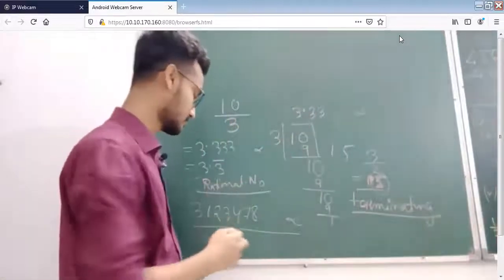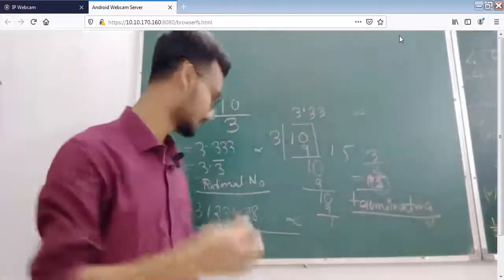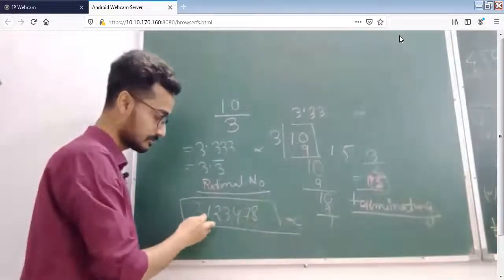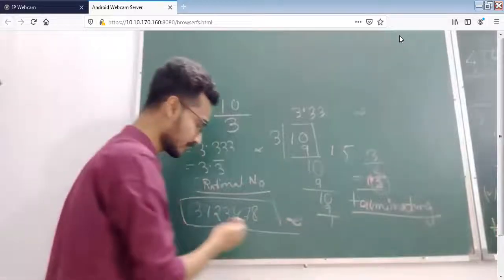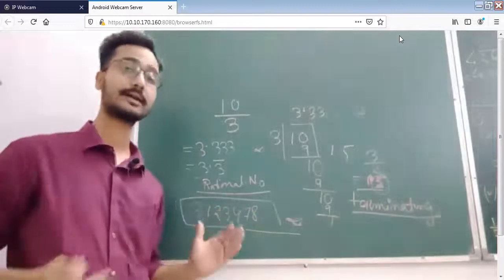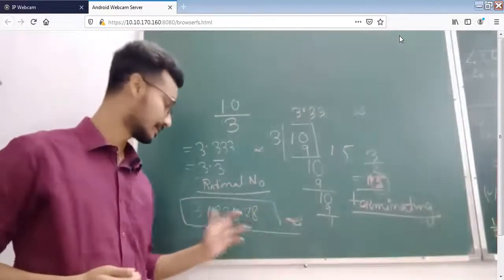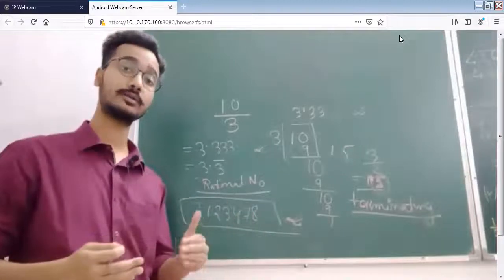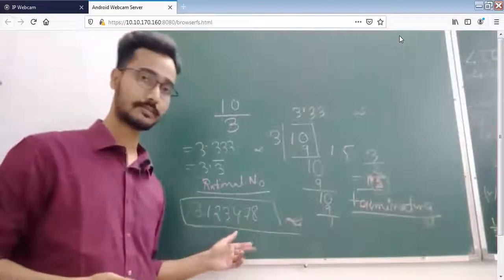But when a number is non-terminating non-recurring, meaning non-repeating, now see this example here, 3.12347 up to infinity. That means after the decimal, the numbers do not follow a pattern. That's why it is a non-terminating, non-repeating or non-recurring digit. That's why it is an irrational number.